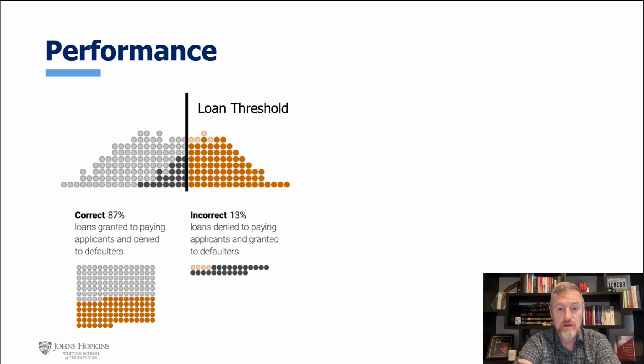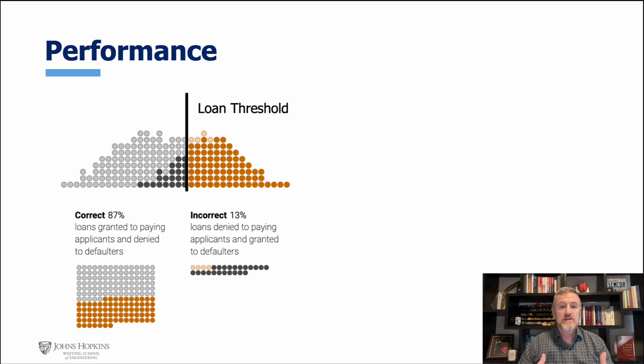Those are the dark yellow dots. And then we had 13% incorrect, which is 4 of the light yellow dots, people we gave a loan to who didn't pay it back, or the dark gray dots, people we didn't give a loan to that would have paid it back, right? So we can assess the accuracy of this is about 87%.